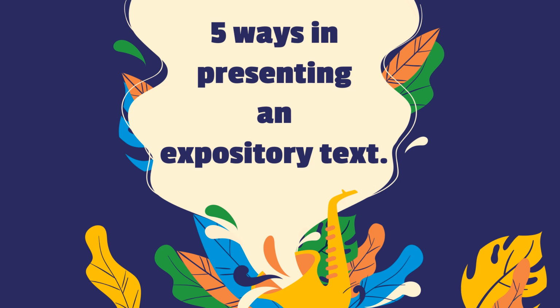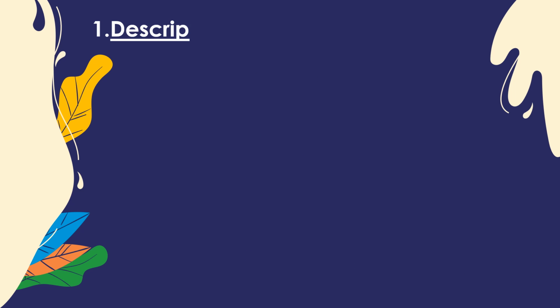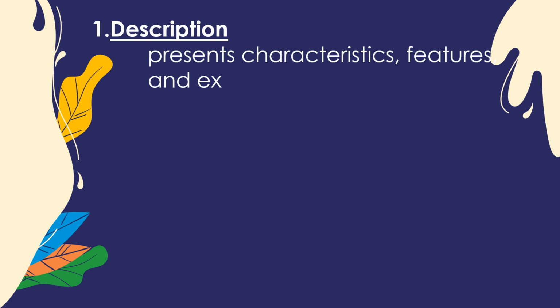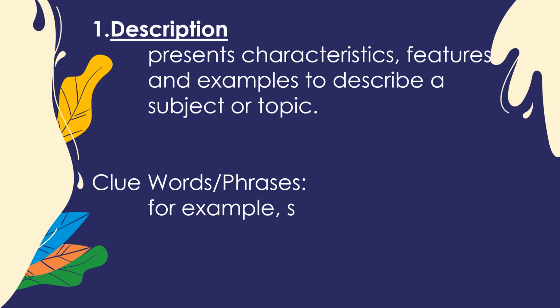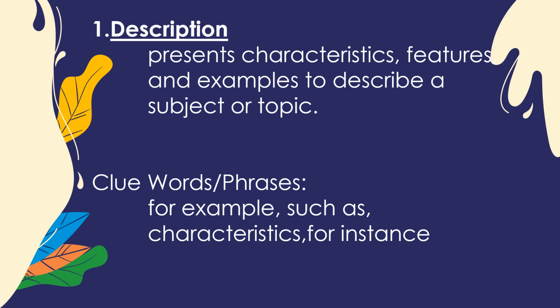Here are the 5 ways in presenting an expository text. Number 1, description. Presents characteristics, features, and examples to describe a subject or topic. The clue words or phrases are, for example, such as, characteristics, and for instance.